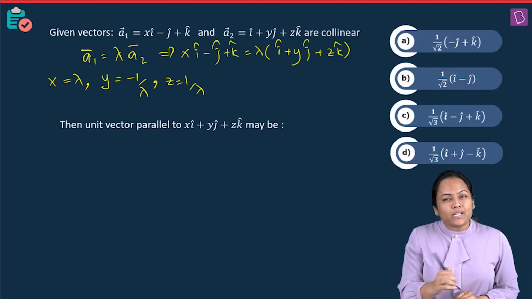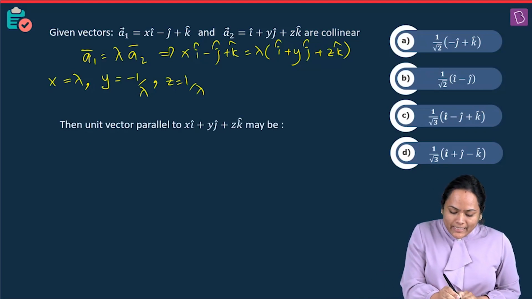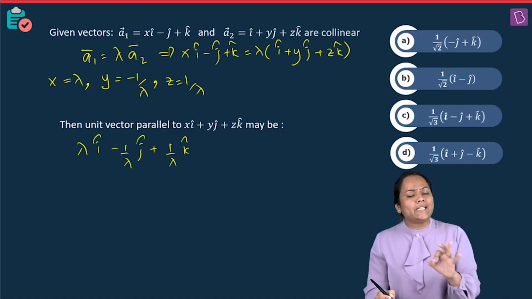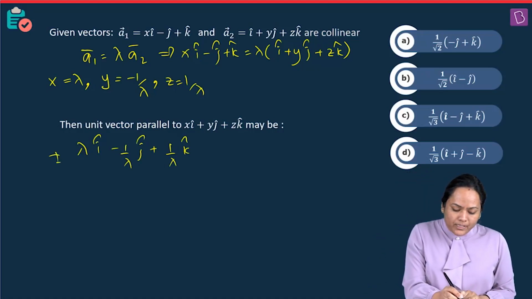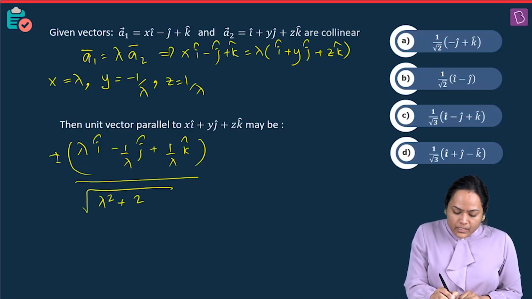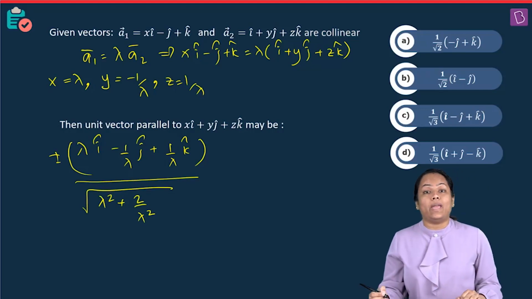So on substituting the values of x, y, and z, I can get the vector as lambda i cap minus 1 by lambda j cap plus 1 by lambda k cap. And if I have to write a unit vector, I'll just put a plus minus over here divided by its magnitude, which will be root of lambda square plus 2 by lambda square.